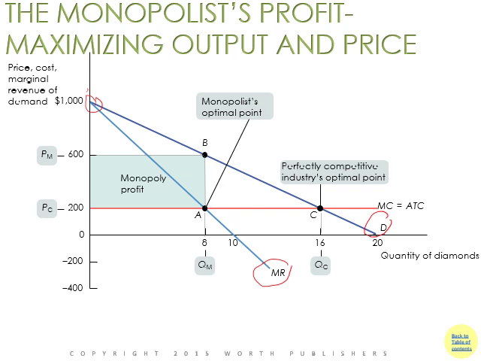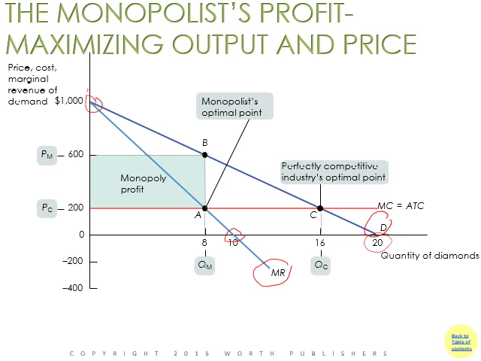So when price is equal to 0, the quantity demanded would be 20 units. And if marginal revenue is equal to 0, we're going to be at 10 units of output. So it has the same intercept on the vertical axis, and it's twice as steeply sloped.